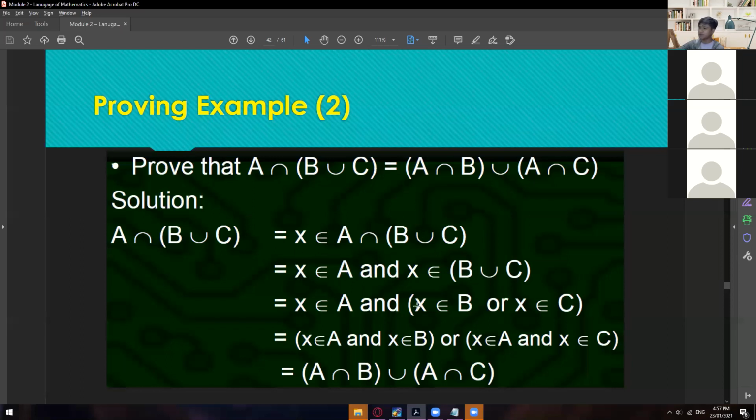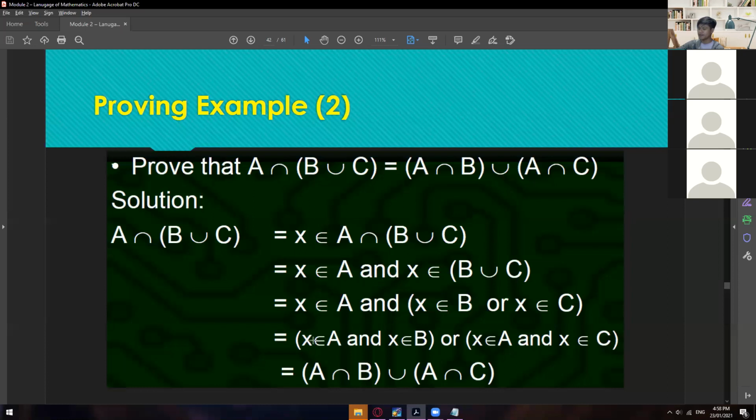That is why we now have this kind of expression wherein we just distribute this x element inside the parentheses. So x is an element of A and x is an element of B or x is an element of C. All right. And then distribute again into our open and close parentheses.